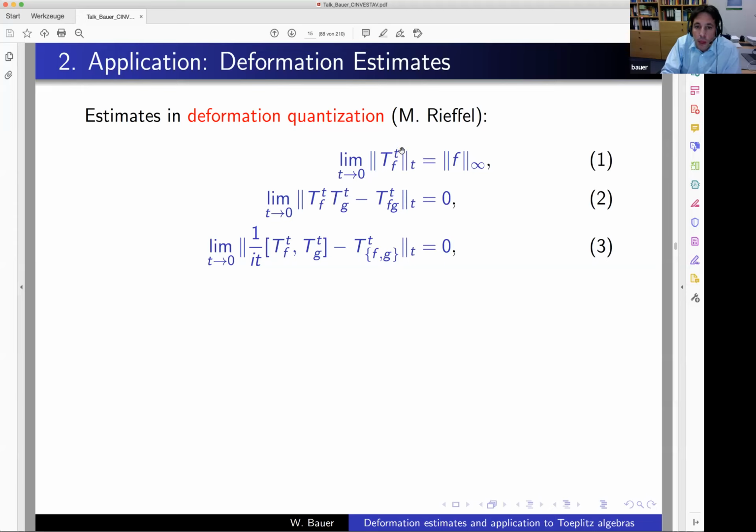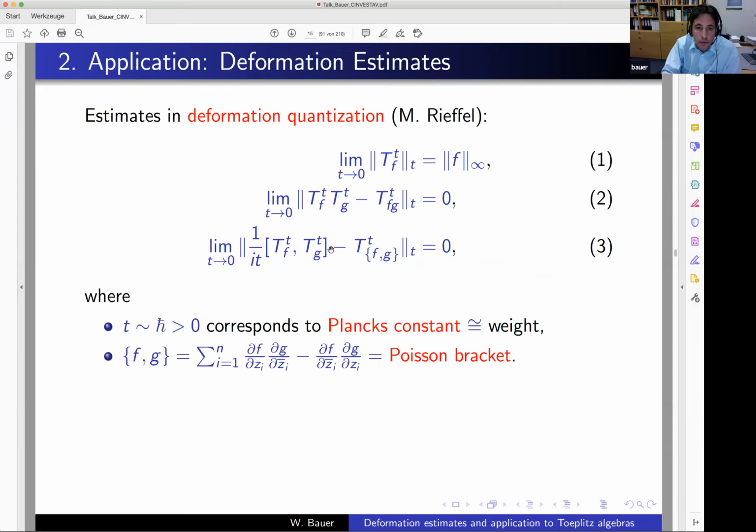And we have this parameter t, which can be seen as a semi-classical parameter, or if you want, it can be seen as the Planck constant or equivalent to the Planck constant, and we let t go to 0. And then in the limit, we would expect that from the norms of the Toeplitz operators, we obtain the supremum norm of f, that the semi-commutator in norm tends to 0, and that 1 over it of the commutator of the operators approaches the Toeplitz operator where the symbol is the Poisson bracket.